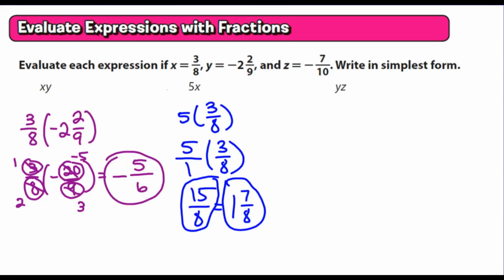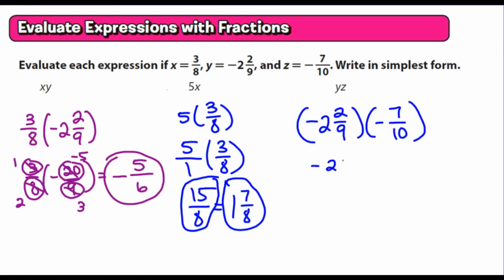And then finally, y times z, negative 2 and 2/9 times negative 7/10. Since I have a negative times a negative, I know this result is going to be positive, so I'm not really going to worry about the negatives at this point, but I do need to write this mixed number as a fraction. This is going to be negative 20/9 times negative 7/10, and I do have common factors here between the 10 and the 20.